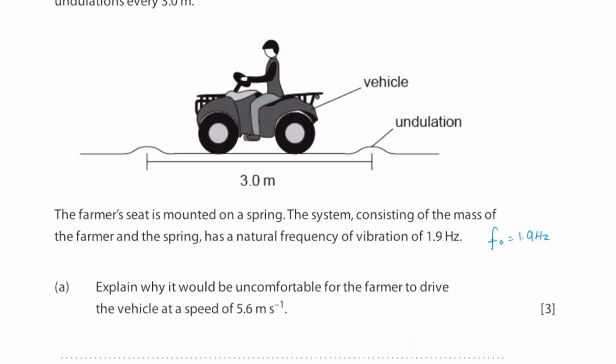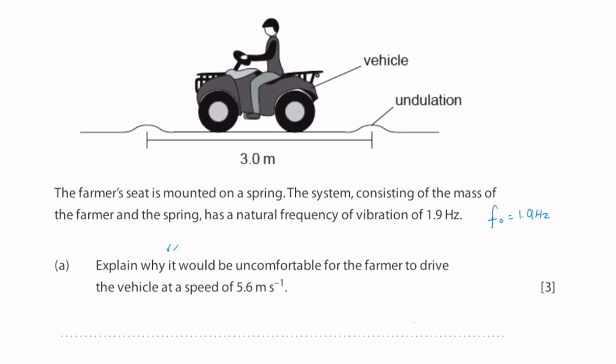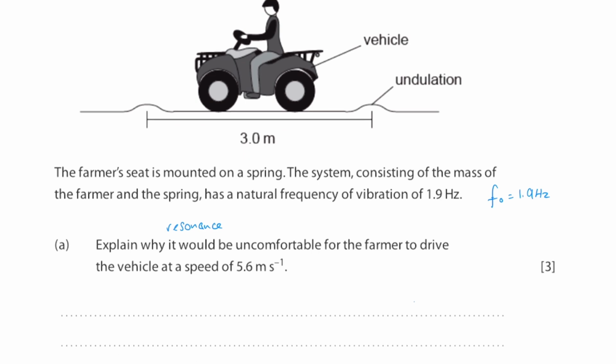Well, given that we've been told the natural frequency of something, I'm reckoning that we have to do with resonance. And resonance occurs, which would be uncomfortable for the farmer, when the driving frequency is equal to the natural frequency.